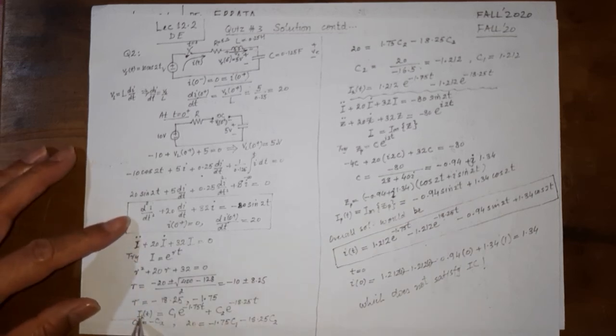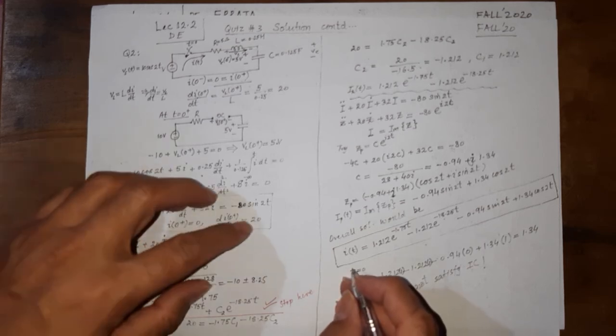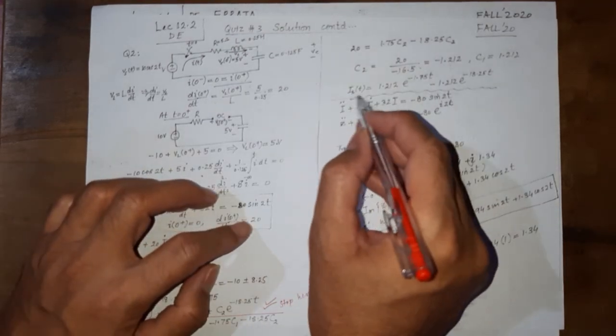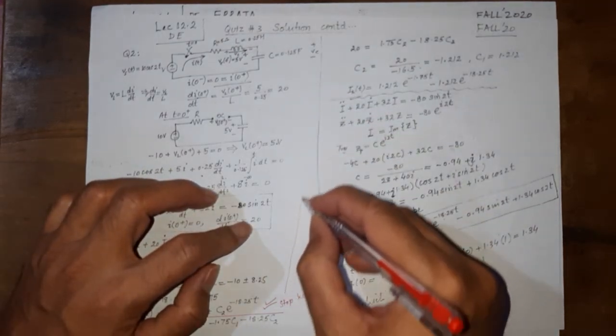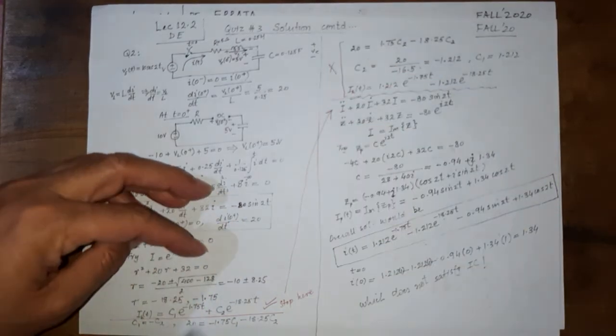So we would have done till now this, which is the form of the homogeneous solution. So we stop here, and then resume from here. So these steps are not to be done.